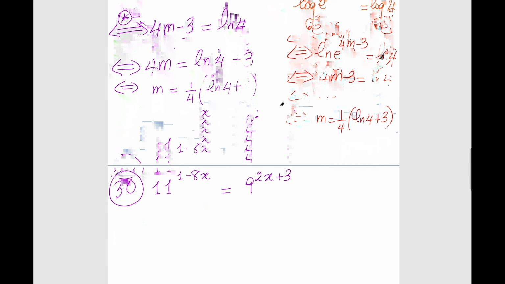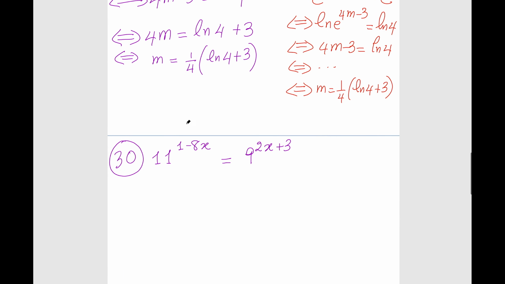Over here, same thing. This is a positive entity, and this is a positive entity because this is an exponential expression with the base 11. So that thing is certainly positive, and similarly that one. So we can apply double asterisks.